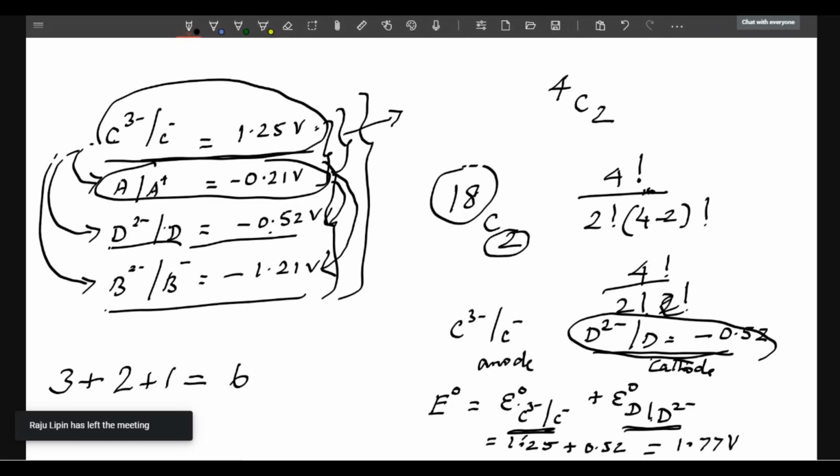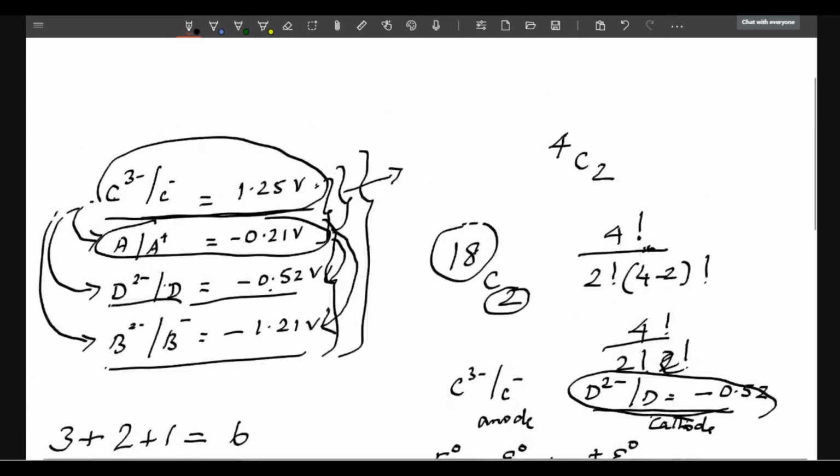What would be the E naught for the combination of the electrodes C and B? 2.46. Now, from the values you can tell which combination would give you the highest EMF. Anybody tell me? C and B, sir.